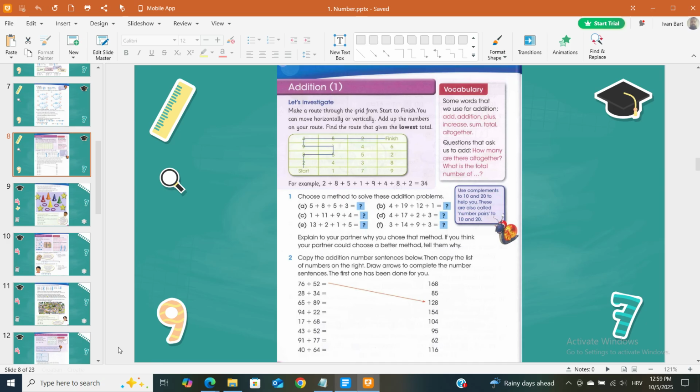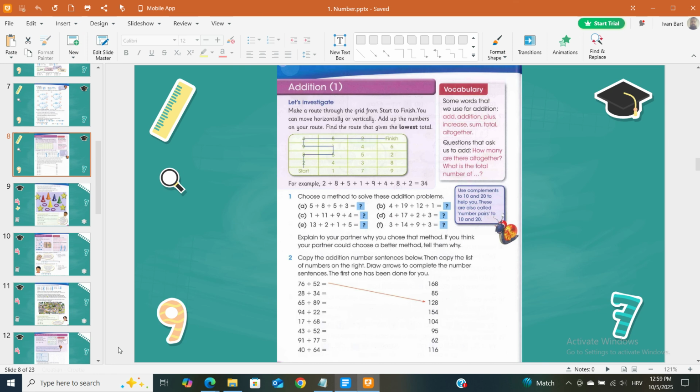The first one has been done for you. 76 plus 52 equals 128. 28 plus 34, 65 plus 89, 94 plus 22, 17 plus 68, 43 plus 52, 91 plus 77, 40 plus 64 equals 116. Numbers: 85, 128, 154, 104, 95, 62.